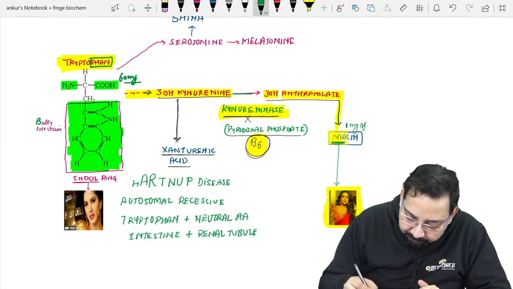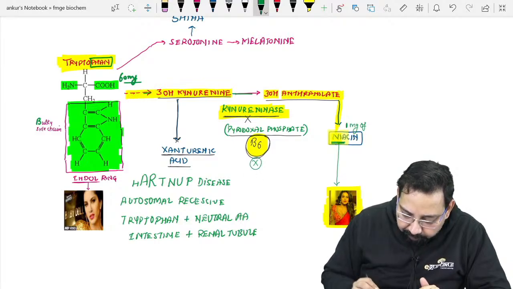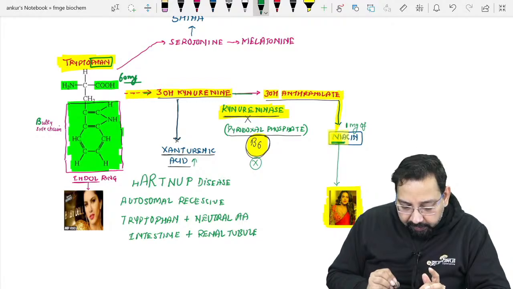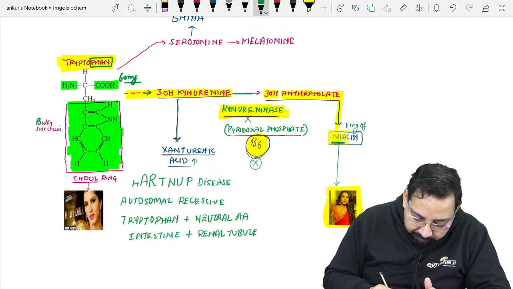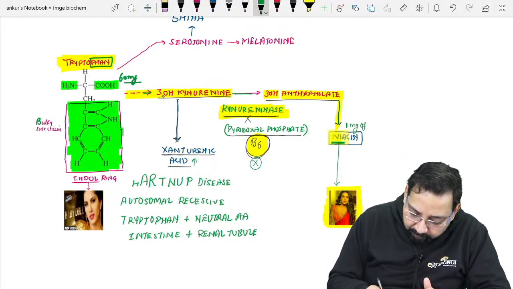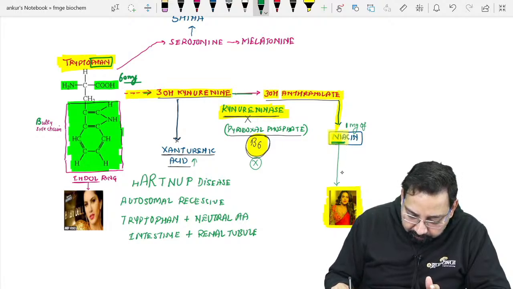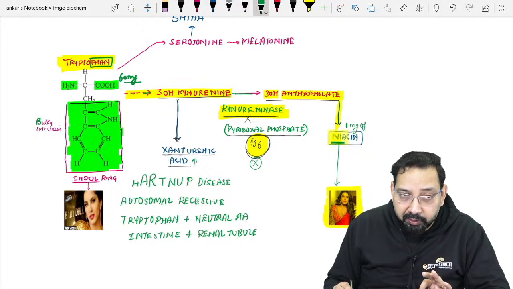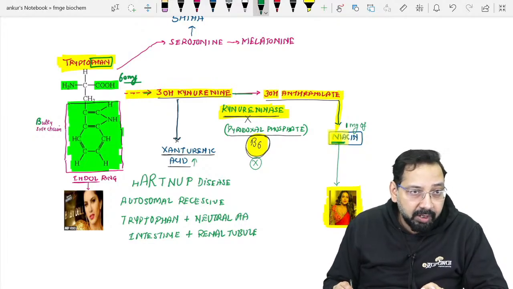So if there is B6 deficiency, xanthurenic acid will increase. Again I repeat, normally indole ring tryptophan is converted to Antramali to Nia Sharma. Even if you don't remember the exact name, don't worry, in the exam they give MCQs, so you can easily mark the answer.